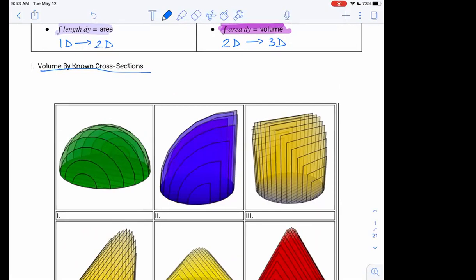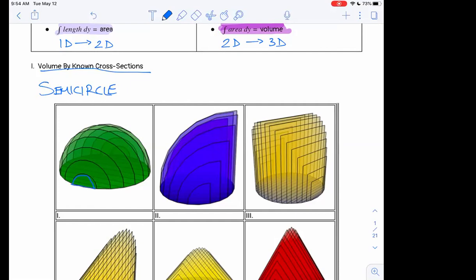And so when I look at this green shape, one thing that I want to write down about that is that it is made up of semicircle cross sections. So for example, this right here is one semicircle.